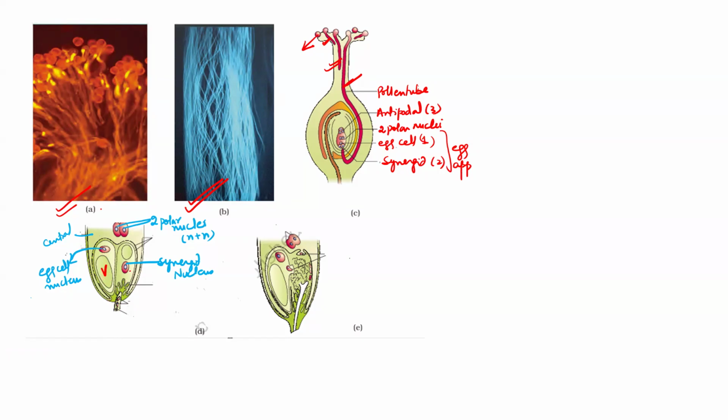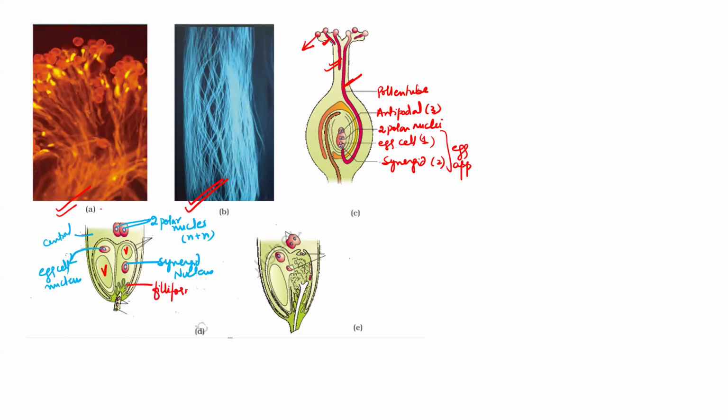But in synergid, nucleus is towards the micropyle and vacuole is towards the chalazal end. So question language can be this, that in egg and in synergid, the polarity of nucleus is opposite with each other. In case of egg, nucleus is towards the chalazal end, but in synergid, nucleus is present towards the micropyle end.